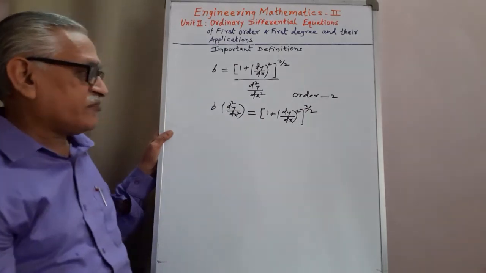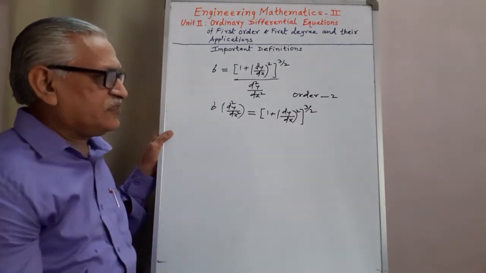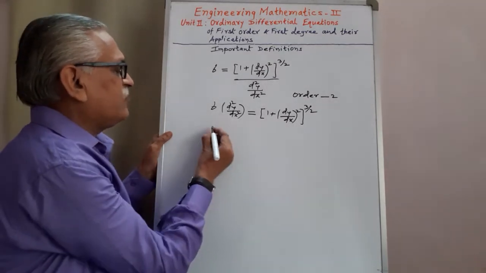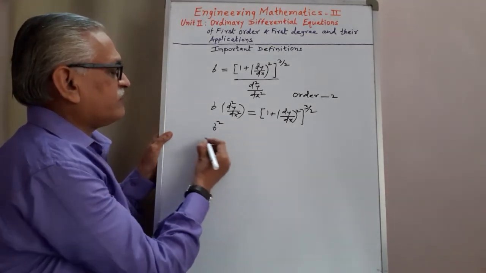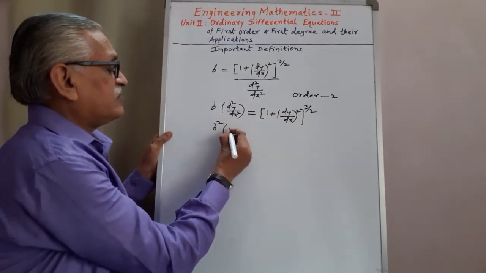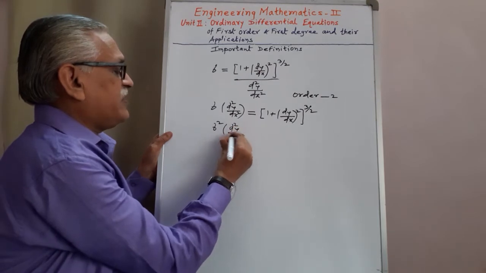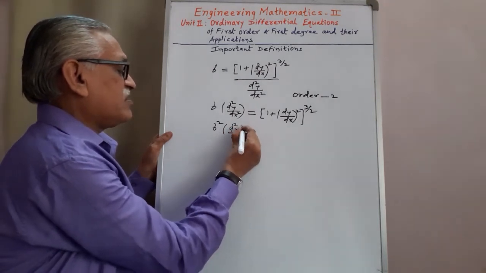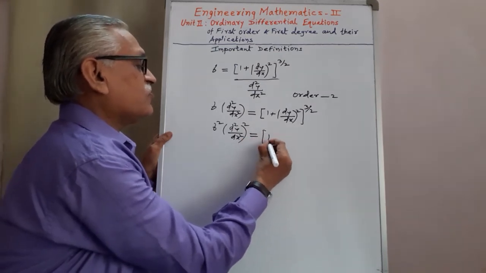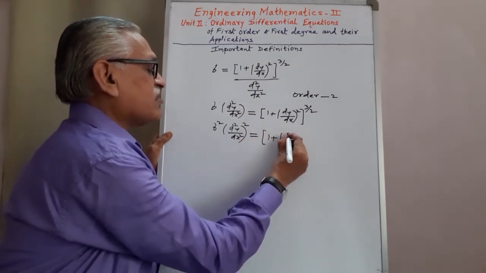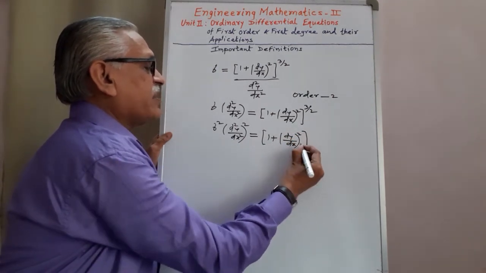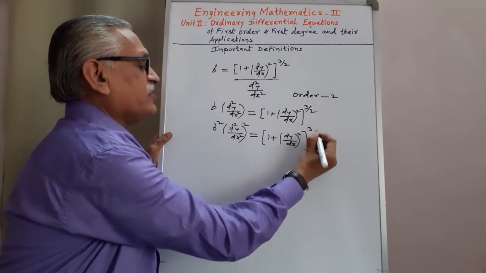3 by 2. And then to cancel this square root, we take square on both sides. Squaring both sides, we get rho square into d2y by dx square and its square is equals to 1 plus dy by dx bracket square and that raised to 3.